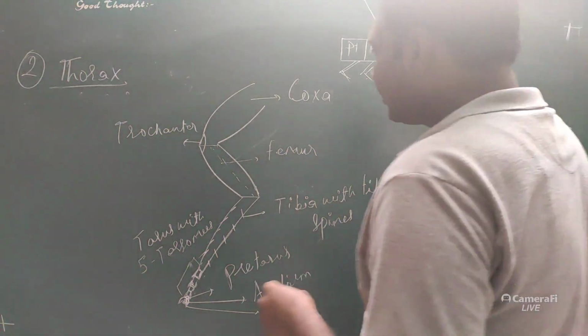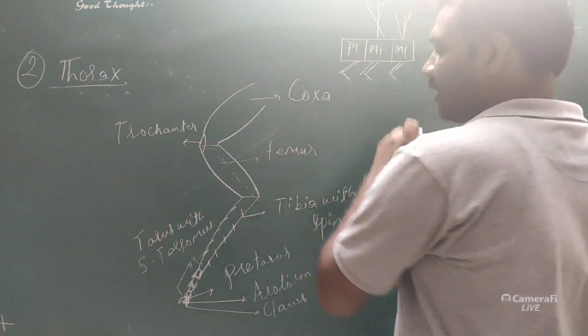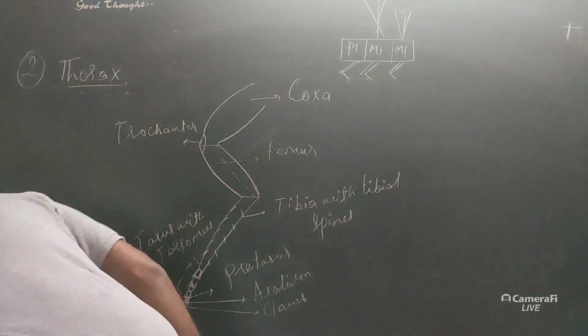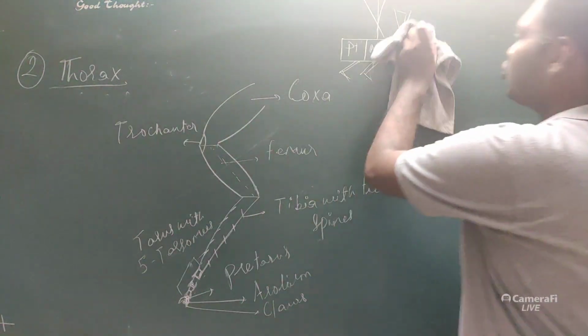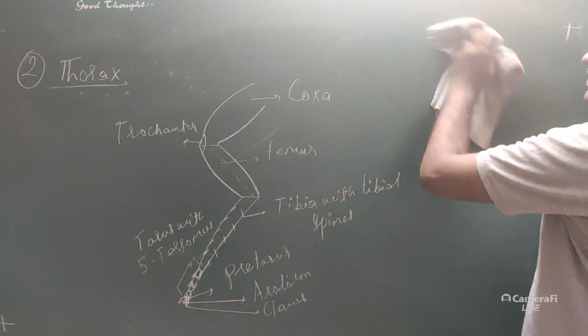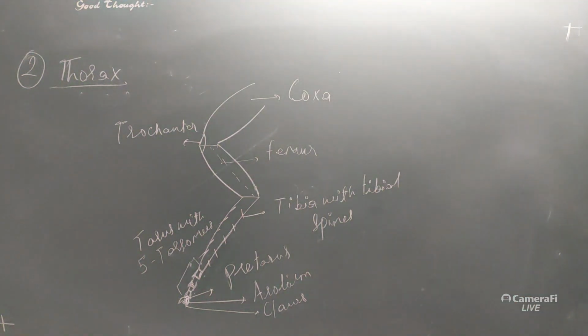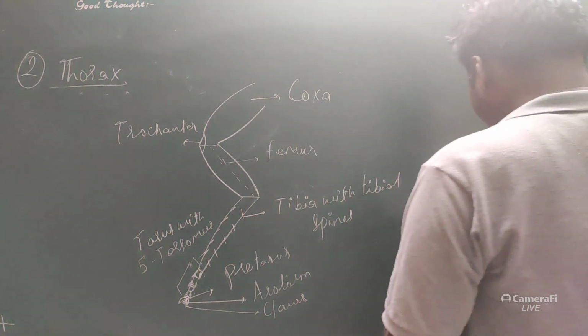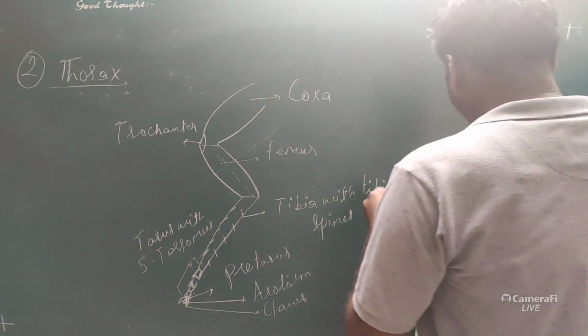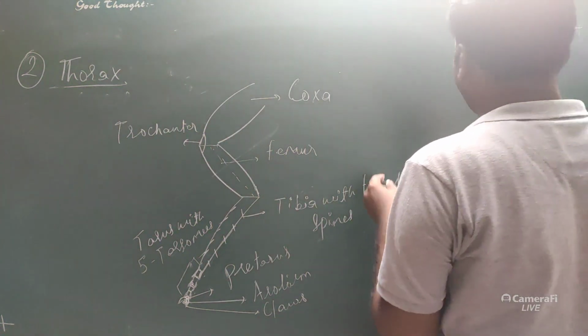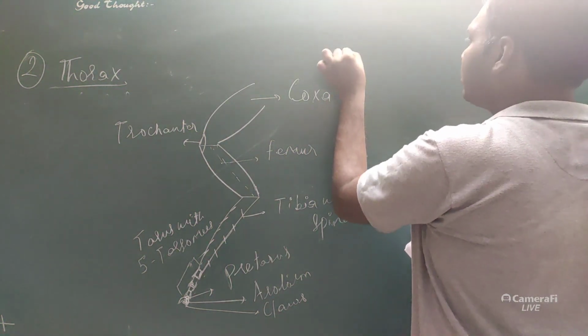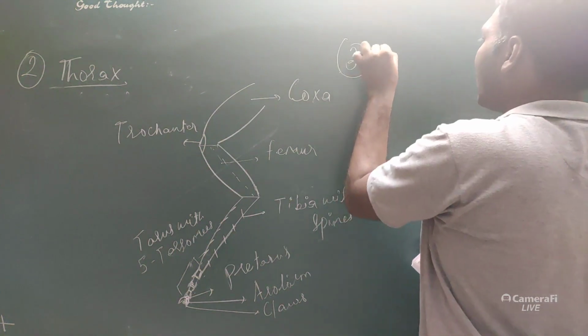Okay, then the next part, after the thorax, is the abdomen. The abdomen consists of 10 segments. The abdominal part is divided into 10 segments, both in males and females. So the third part is the abdomen.